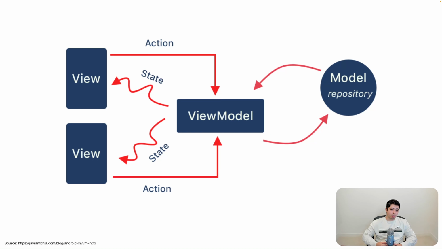And then the state goes back into the UI, and the UI renders the latest state from the view model. And that's how it works.